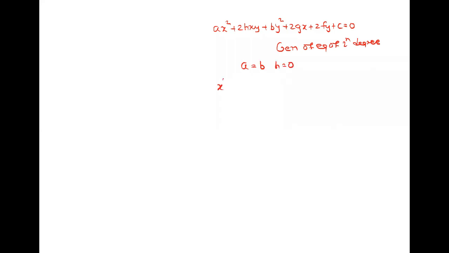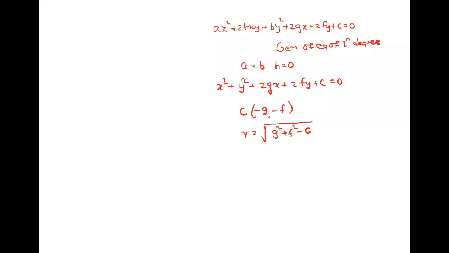So the general equation of a circle is x square plus y square plus 2gx plus 2fy plus c equal to 0. Coordinates of center are minus g, minus f. Radius is equal to under root of g square plus f square minus c. So this is the center and this is the radius. Okay. So this is the circle.